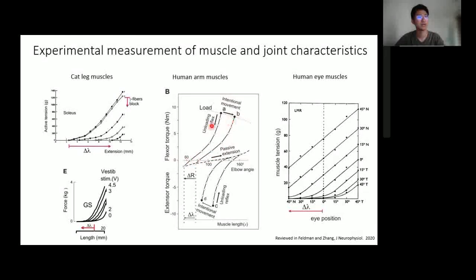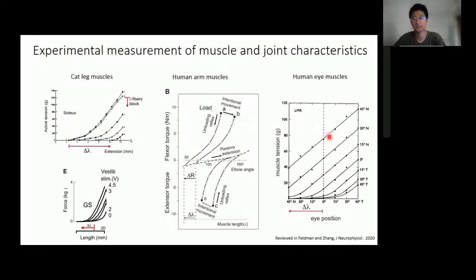And you can ask the subjects to combine different loads and positions, and you can plot a different curve. But again, this curve looks similar at different zero lengths, and you can also do this for extensor muscles. And for human eye muscles, you can also do this kind of experiment. In this experiment, they implant a force sensor in the eye muscles of a patient who is undergoing an operation, to measure the muscle force.